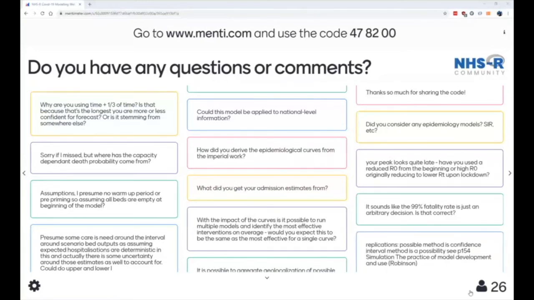Yeah, so in the Imperial paper, I believe it's the first table, they provide age-graded rates for cases becoming symptomatic, requiring hospitalization, requiring ICU.